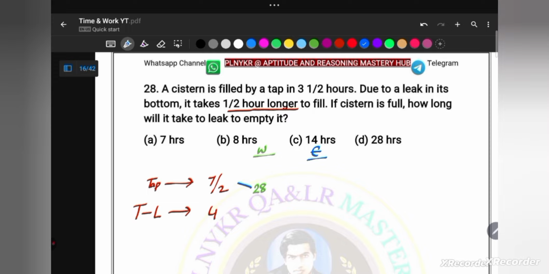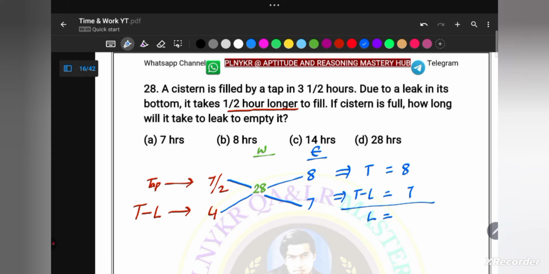Efficiency of the tap alone, how much? 28 by 7 by 2 means it will be 8. Whereas when working along with the leak, it will be 28 by 4, which is 7. So clearly the efficiency of the tap equals 8 units, whereas the tap working with the leak, it will be 7. From this we will be getting the L value as 1.